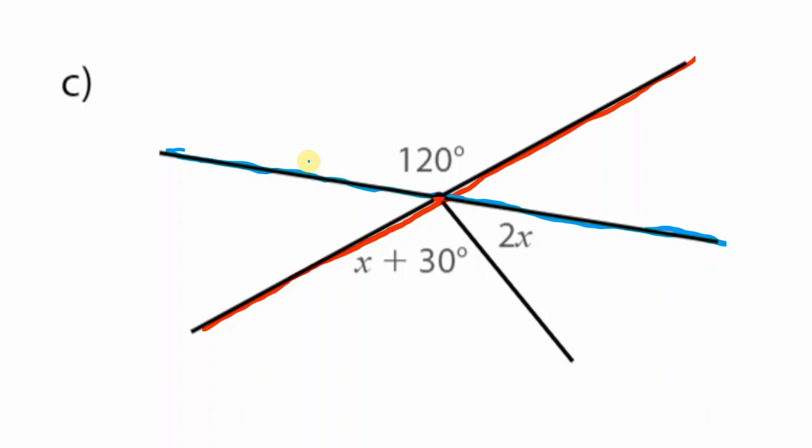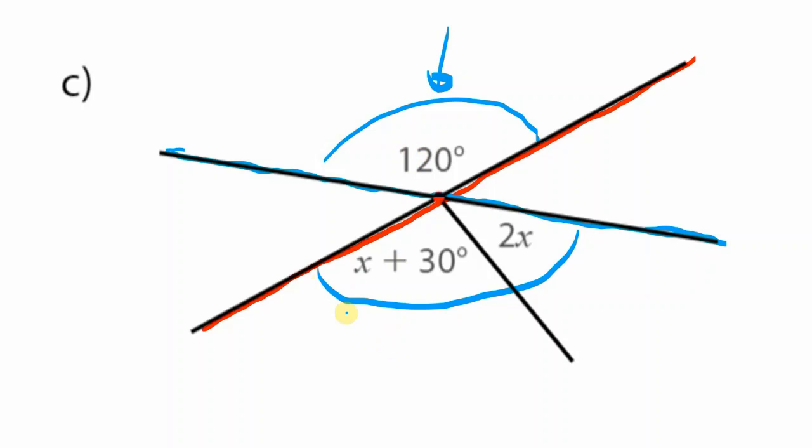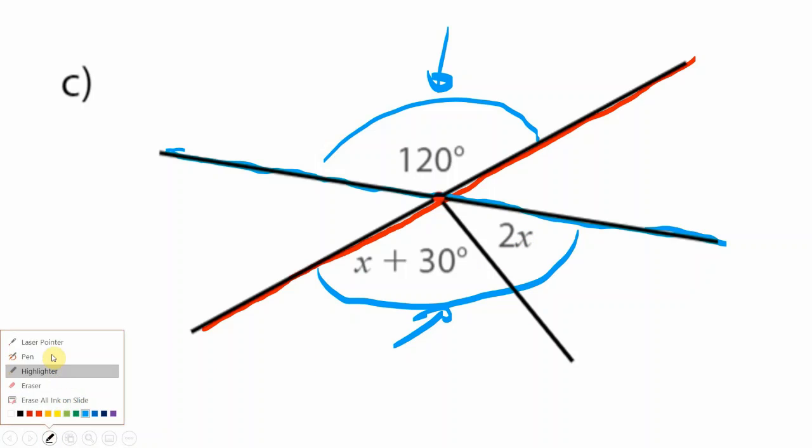But I can see, so we have a blue and a red, and we have a red and a blue. So this big angle of 120 is staring at this big angle of x plus 30 and the 2x. So we know these are vertical opposite angles.